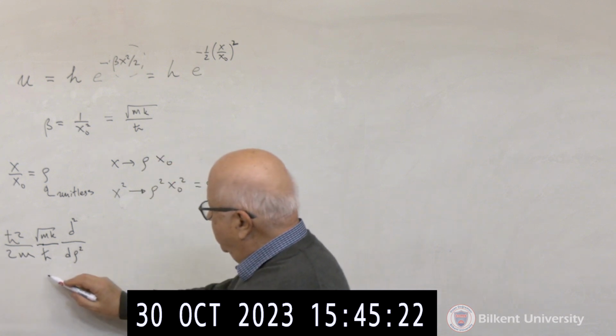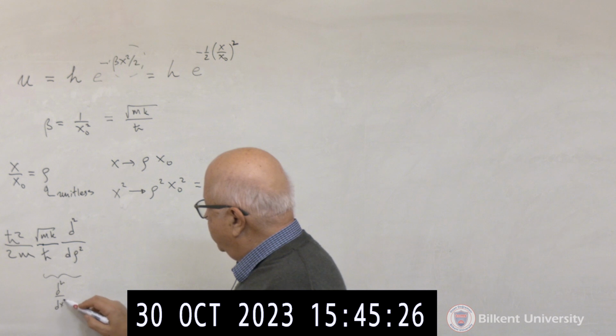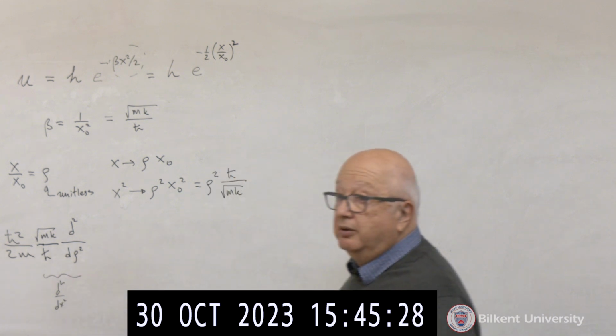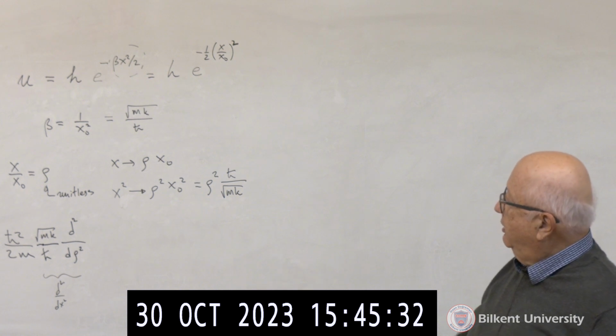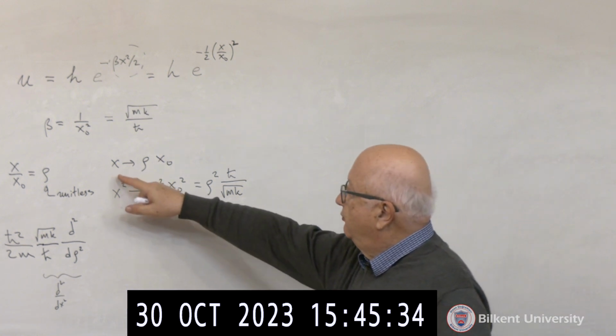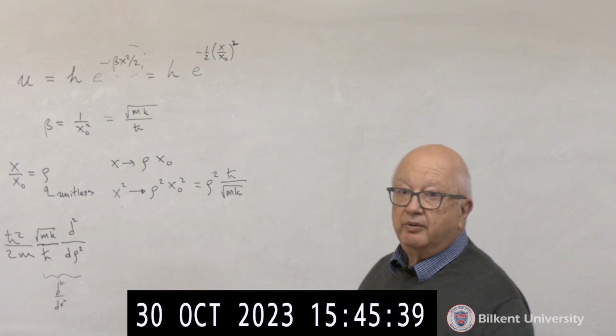So this thing is just d squared dx squared. I have transformed from rho to x. All I did is instead of x, I put rho times x0.